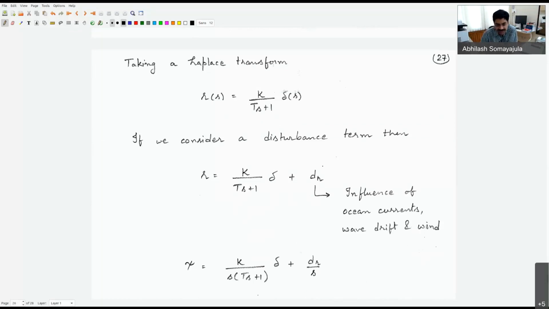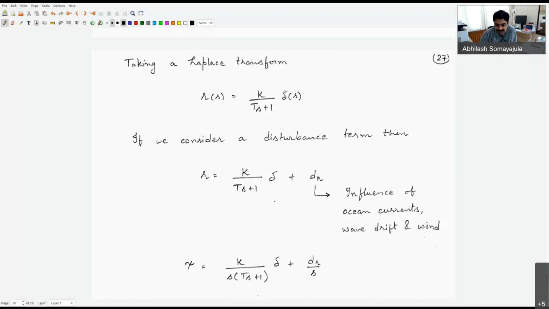I don't know what the d_r is, but I'm just including it, saying that these are the effects coming due to external factors which are not in my control. Due to the environment's effect, we are seeing this coming. In which case, I can take my new transfer function for R as the previous one plus this d_r. Sorry, not delta R, this is d_r, the disturbance which is coming in R.